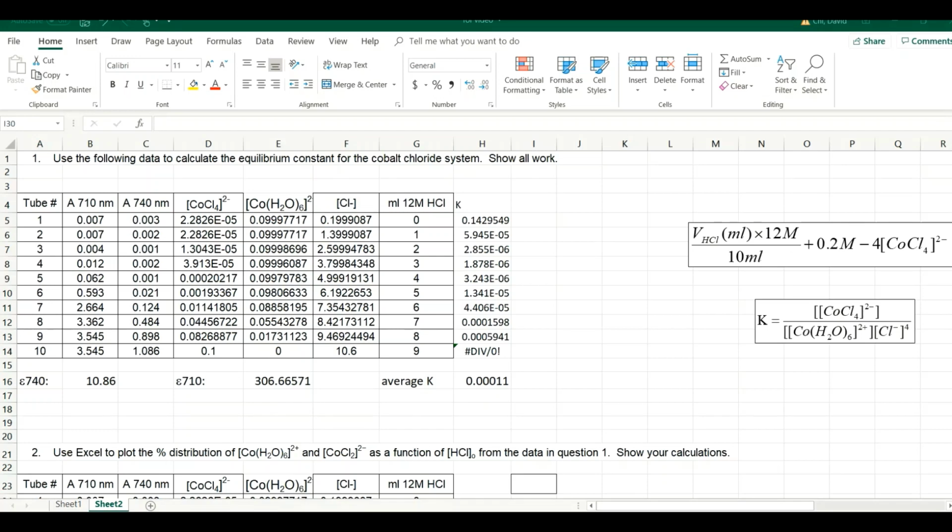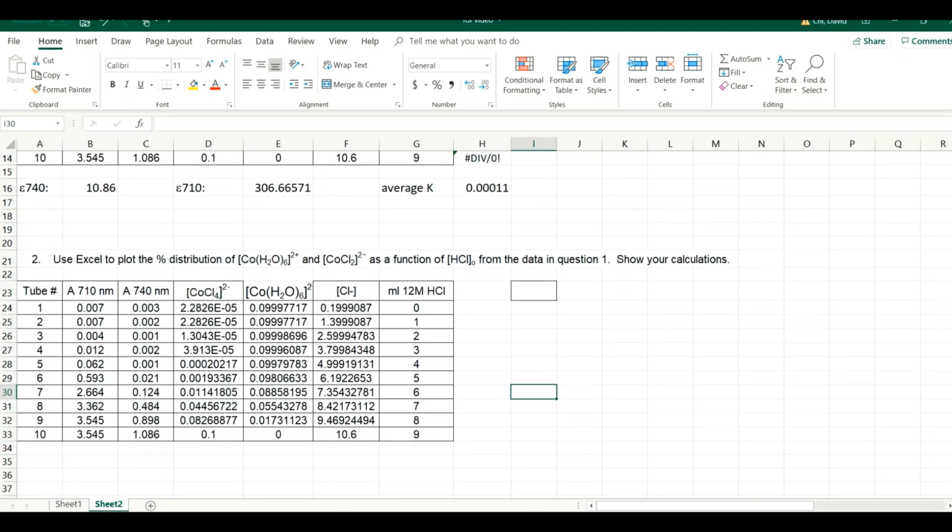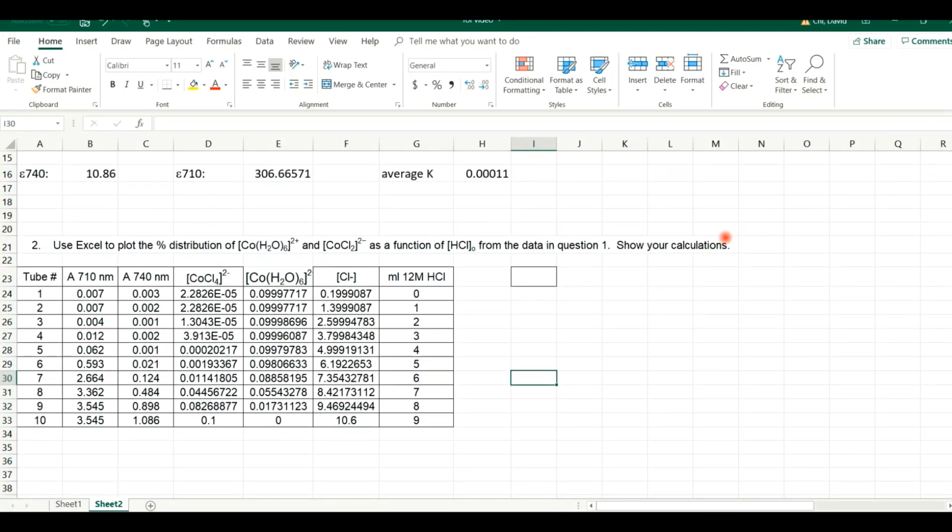Now let's solve question number 2. Use Excel to plot percent distribution of cobalt hexahydrate and cobalt chloride as a function of initial hydrochloric acid from the data in question number 1. First you need to copy some of the data from question number 1. This is the volume of hydrochloric acid you added into each test tube.